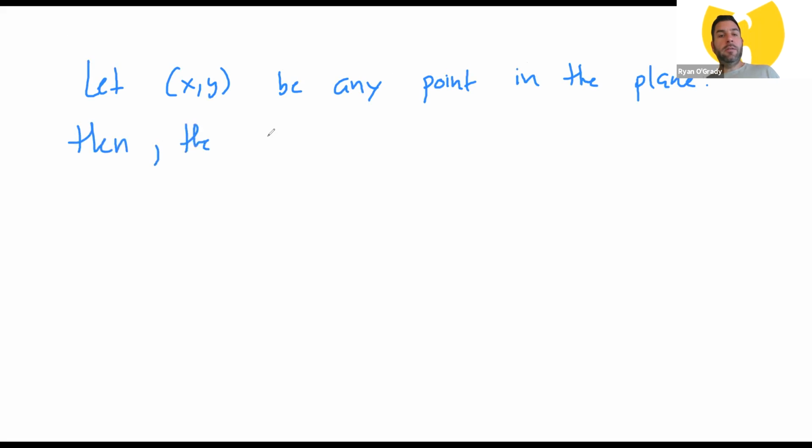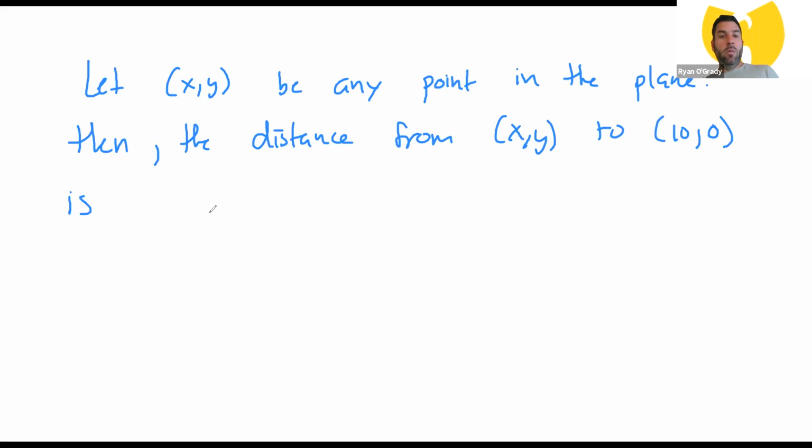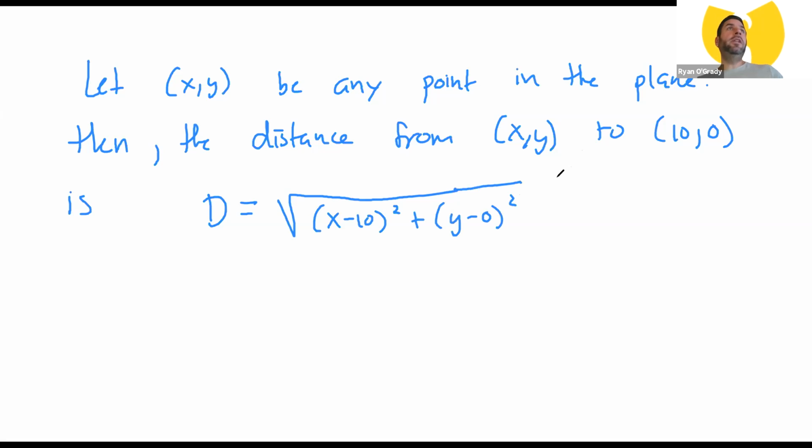Then the distance from x comma y to the point we're interested in, 10 comma 0, is, well, this is stuff that's long before calculus, the square root of x minus 10 quantity squared plus y minus 0 quantity squared. That is the distance formula. It tells me how far apart any point x comma y is from the point 10 comma 0.